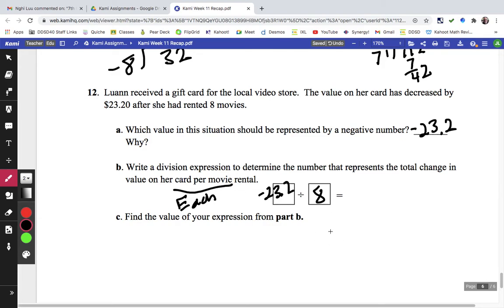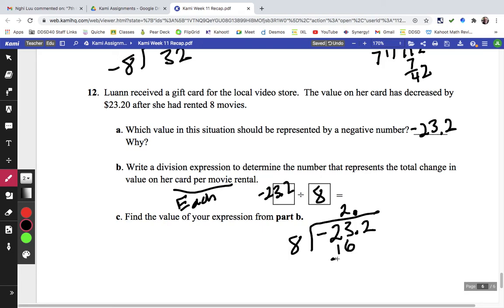So negative 23.2 divided by 8. Put the decimal point right there. 8 doesn't go into 2. 8 goes into 23 almost 3 times, but not quite. So we'll say 2 times. Put the 16 right here.